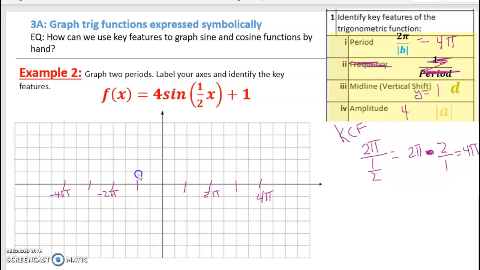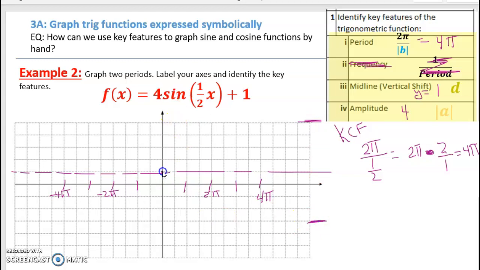Okay. Midline this time is at positive 1. So I put my line across there at positive 1. My amplitude is 4, so 1, 2, 3, 4 to the top. 1, 2, 3, 4 to the bottom. That tells me my max, the top of my peak, should be up here, and the bottom of my peak should be down there.